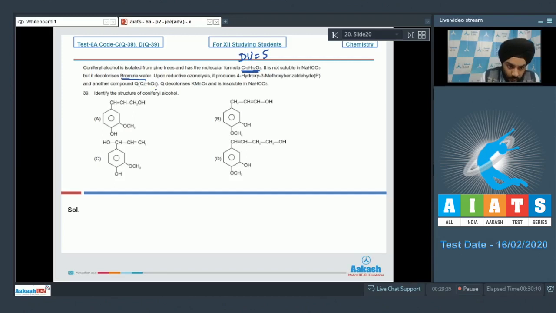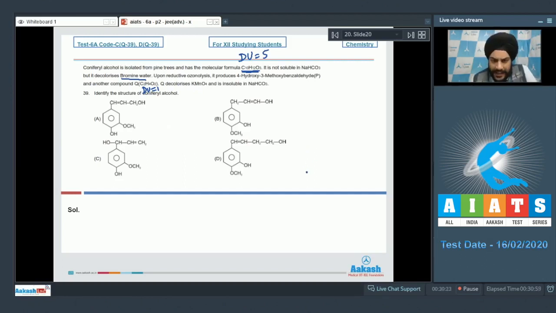If you talk about this C2H4O2, students, it also has 1 degree of unsaturation. It is mentioned that Q decolorizes KMnO4 and is insoluble in NaHCO3. So again it implies that there is no carboxylic acid group present over here. Q decolorizes KMnO4, which means that it can get oxidized.